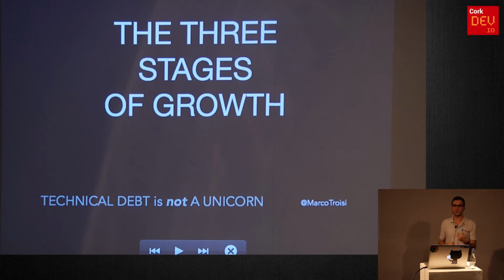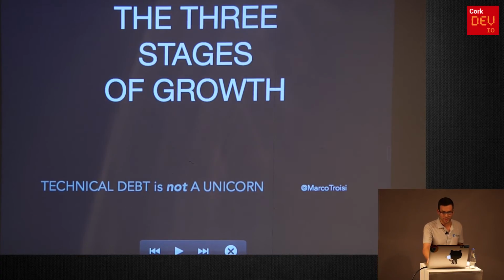You can go back to your work and ask yourself, in which stage does the company that I work for find itself? And there are practical choices that you can make in order to avoid falling into technical debt.